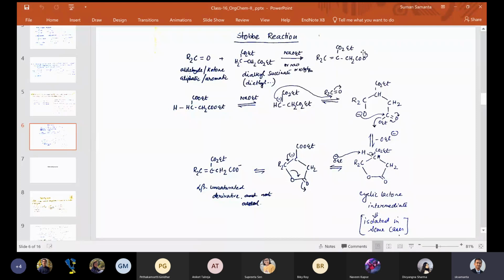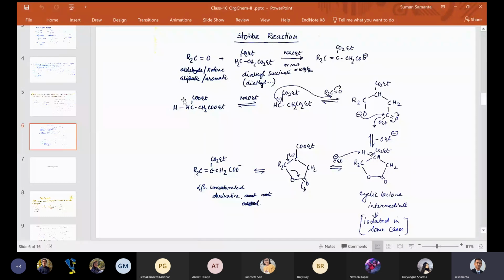That is quite strange. So that means this mechanism does not follow the simple route which you had seen for Knoevenagel reaction. In this case the reaction path is different. It is not a simple Knoevenagel path.